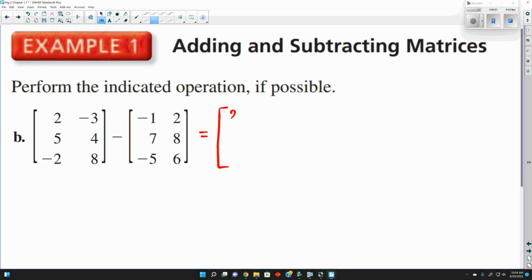So we're going to say 2 minus -1. Then we'd have -3 minus 2. Then we'd have 5 minus 7, 4 minus 8, -2 minus -5, and lastly 8 minus 6.